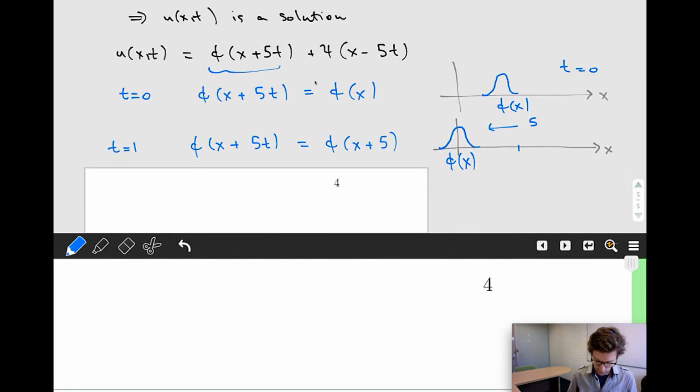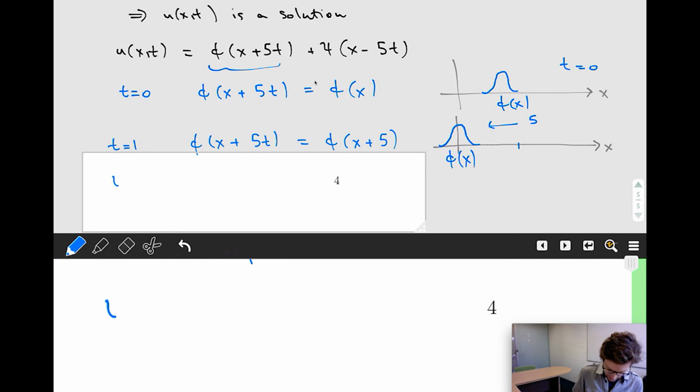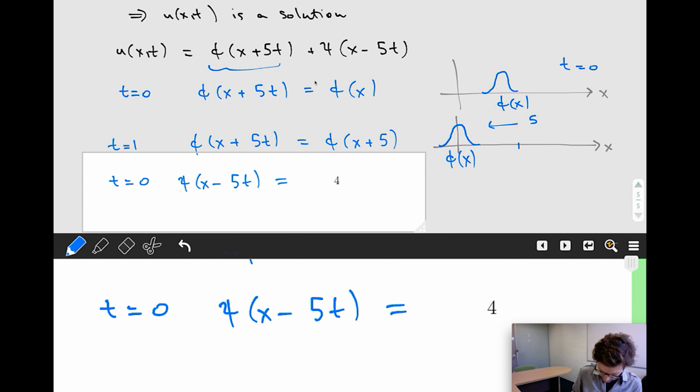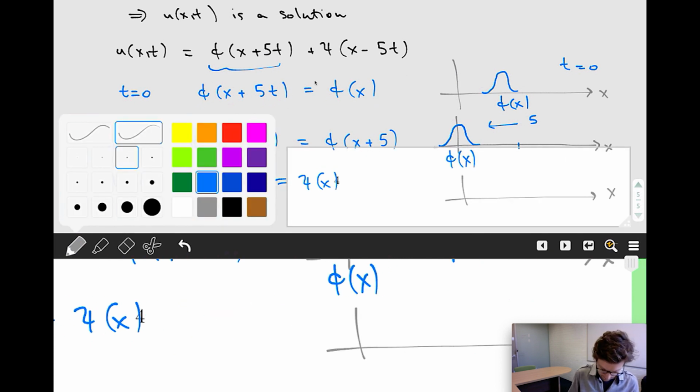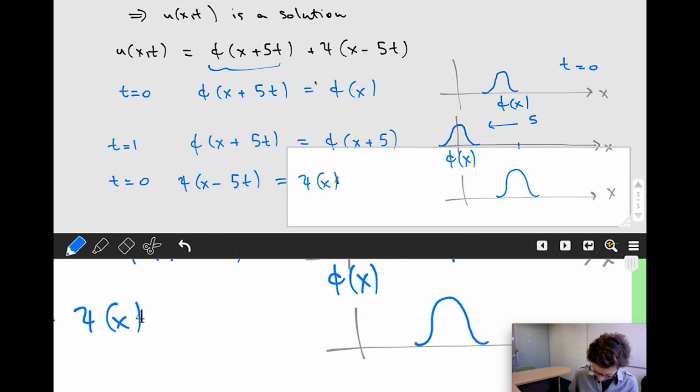What happens for psi? Well, let's take again a look at t is equal to 0. Psi of x minus 5t is just going to be psi of x. So again, I could just imagine that my solution starts off looking like some sort of little bump in the middle. And that's at t is equal to 0.